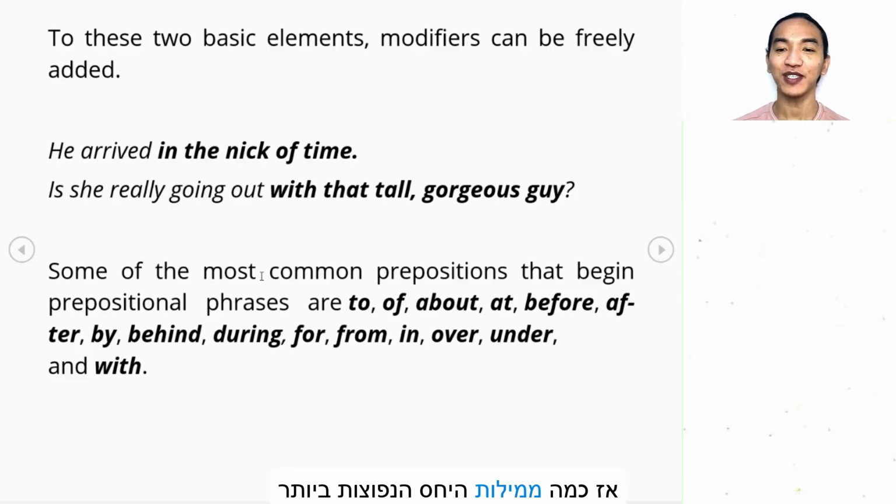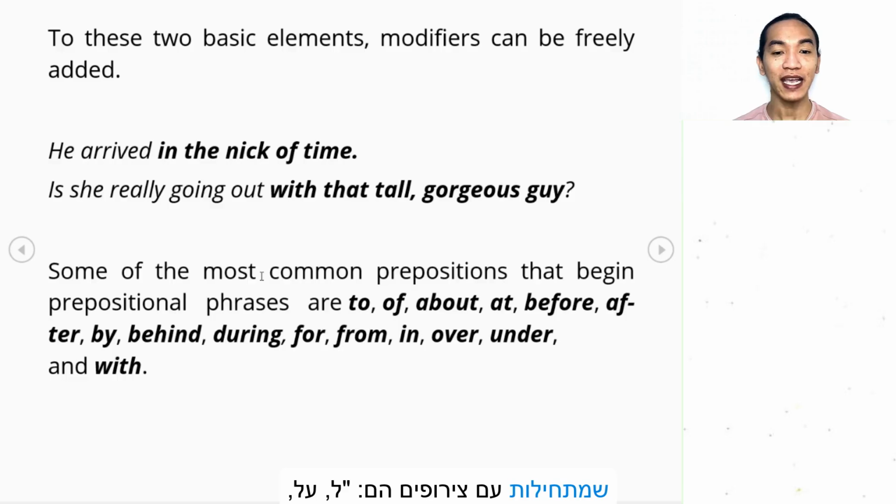Some of the most common prepositions that begin prepositional phrases are to, of, about, at, before, after, by, behind, during, for, from, in, over, under, and with. Later on, we're going to talk about these prepositions and these prepositional phrases. All right.